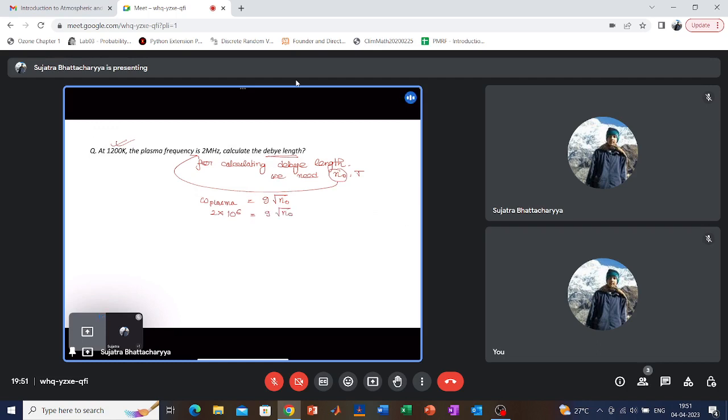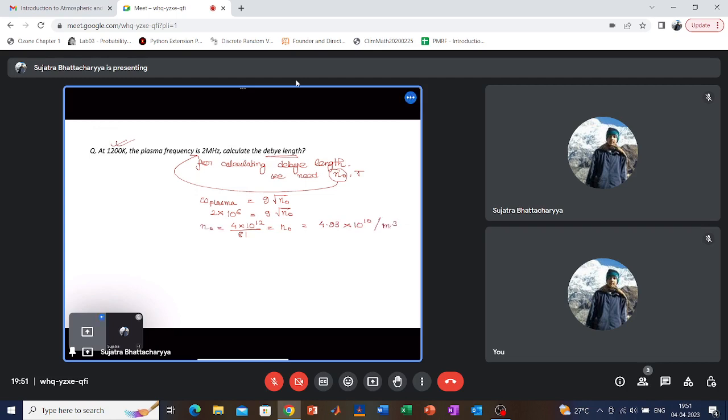So square it, it will be 4 into 10 to the power 12 divided by 81, that is n naught. Just check it. Yeah, it comes out to be 4.93 into 10 to the power 10 per meter cube. This is n naught, right?